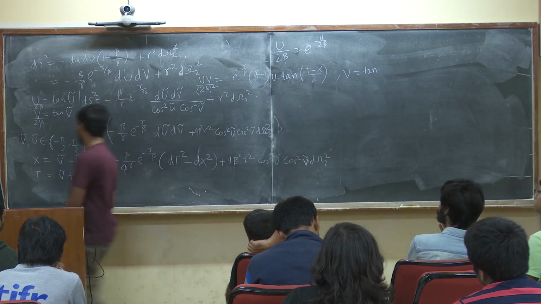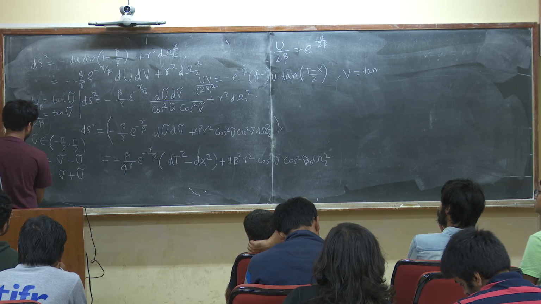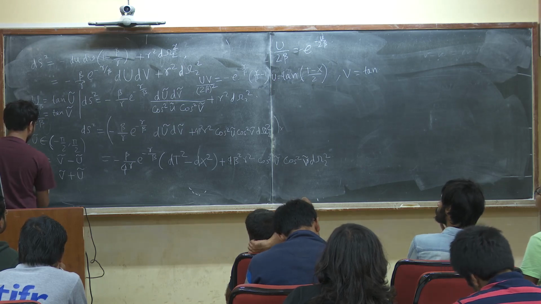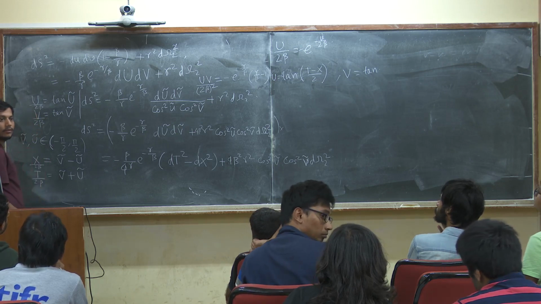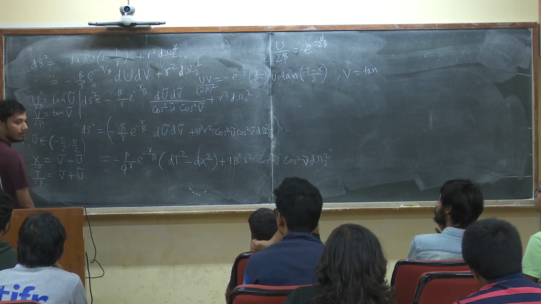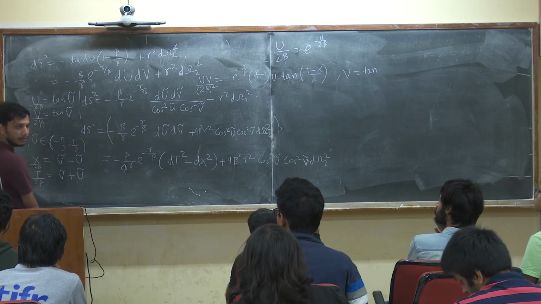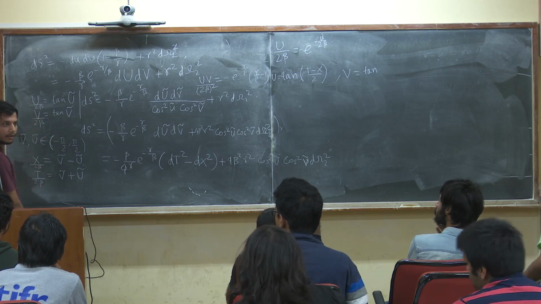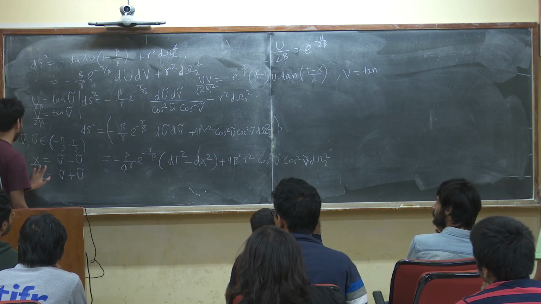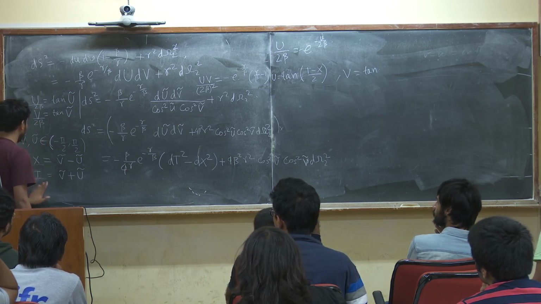Why? U tilde, v tilde were dimensionless quantities. That's why we want x and t to have a dimension. Okay, up to you. But I thought you wanted x and t to have some range 0 to pi, that kind of thing. Yeah.